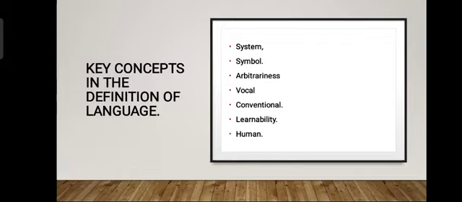The third key concept is arbitrariness. The linguistic symbols are arbitrary because each language community picks them haphazardly. There is no formal relationship between the words and what they mean. For example, there is no particular reason why the dog or cow or table was named so. They could be named otherwise. That's why we have different words in different languages.